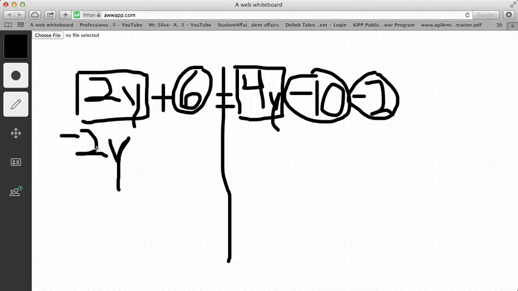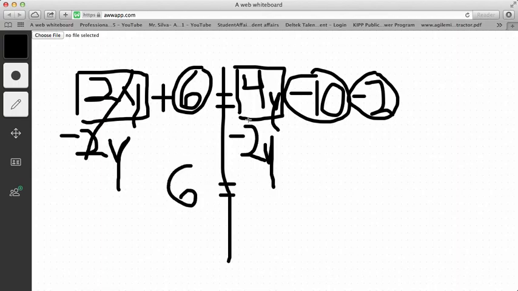So I subtracted 2y on the left side, and I also have to subtract 2y on the right side. And we all know positive 2y minus 2y just gives us 0. We are left with 6 is equal to 4y minus 2y, which leaves us with 2y. And we also have like terms on the right side, negative 10 minus 2, we have negative 12.